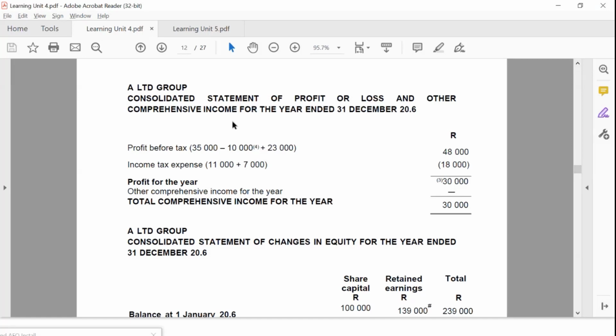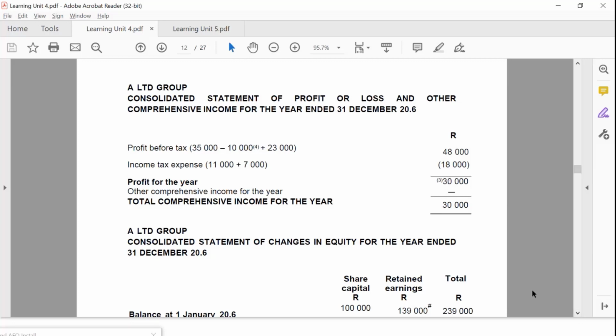If you'll be very lucky, the question says prepare the consolidated statement of financial position, prepare the statement of changes in equity, and prepare the statement of profit and loss and other comprehensive income. If the question asks you to prepare the statement of profit and loss and other comprehensive income, you take the 30,000 right from there. You take it from there.